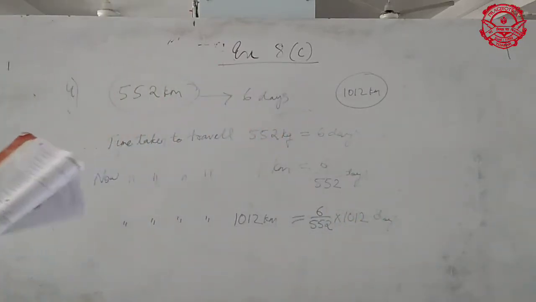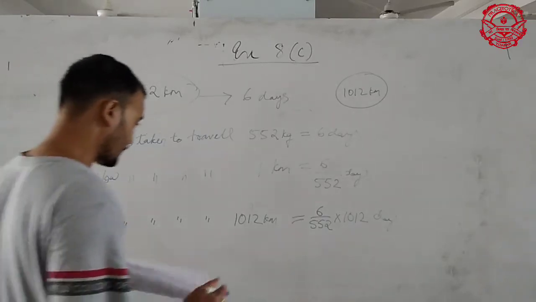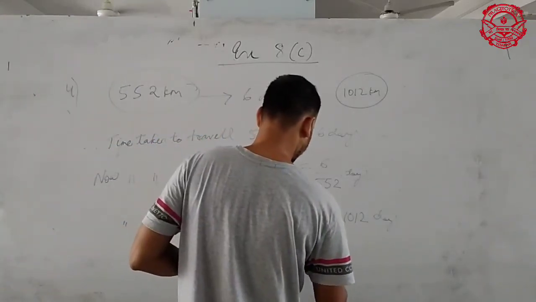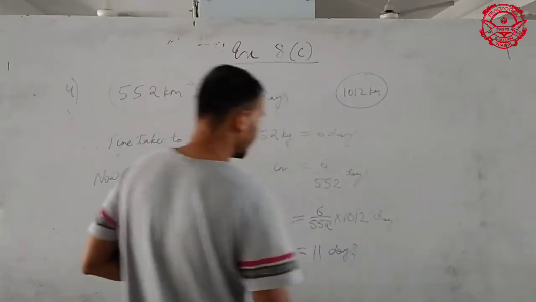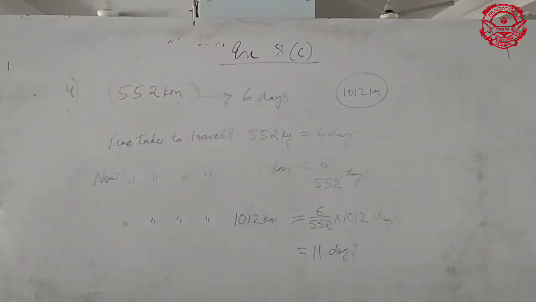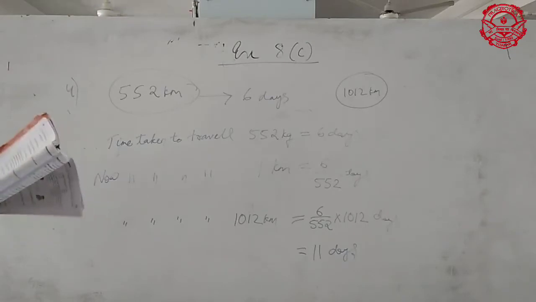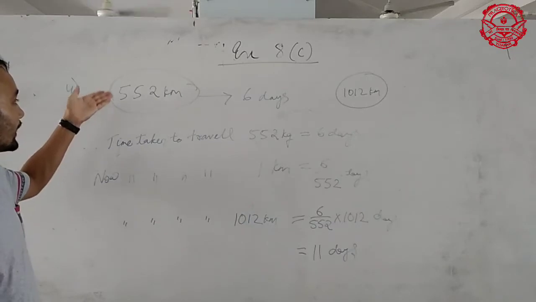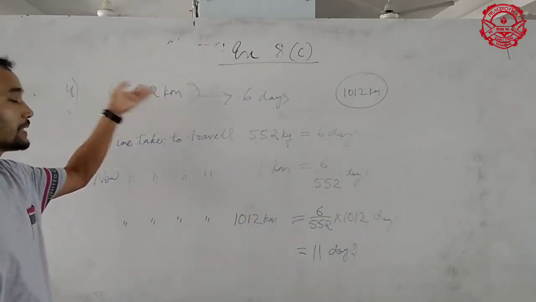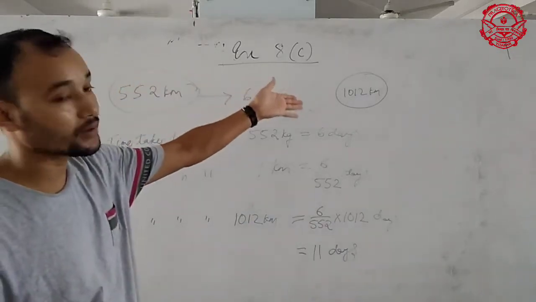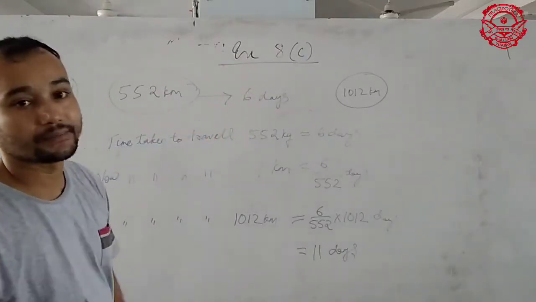Okay, if you solve this, you will get the answer as 11. 11 days will be required by the particular person to travel 1012 km at the same speed. Okay, the question is specifying this. See, it is done at the same rate. Rate means speed. At the same rate, the rate with which he traveled 552 km, with the same rate if we travel 1012 km, how many days will he require?